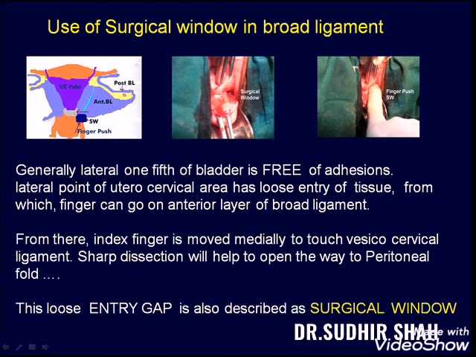From there, the index finger is moved medially to touch the vesicocervical ligament. Sharp dissection will help to open the way to the peritoneal fold. This loose entry gap is also described as the surgical window.